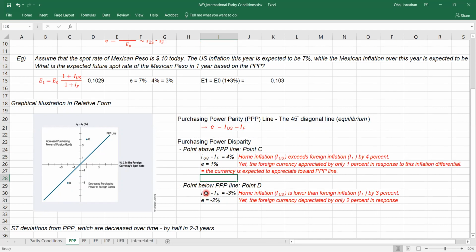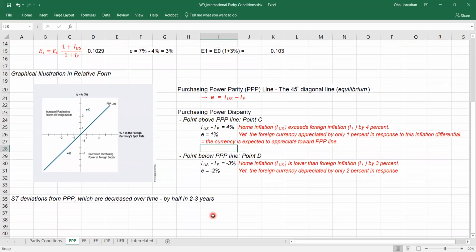So in this case, this one is supposed to be equal. This one is supposed to be minus 3% there, but it's stopped at minus 2%. So our expectation is that the currency will continue, is expected to go down, right?